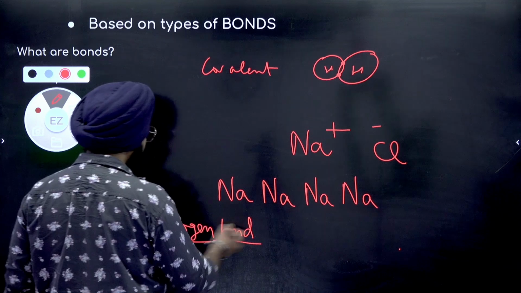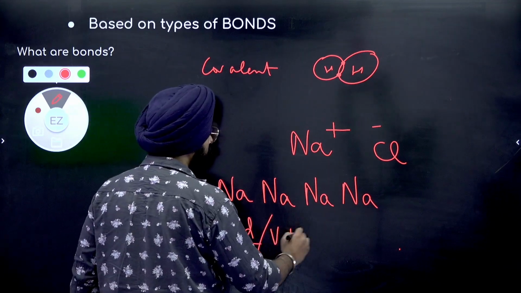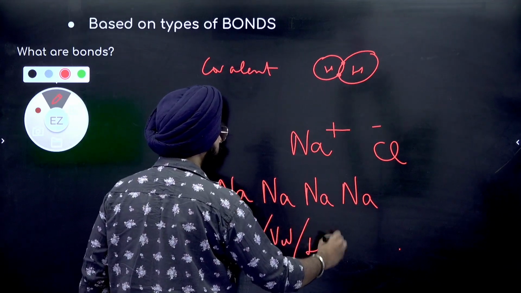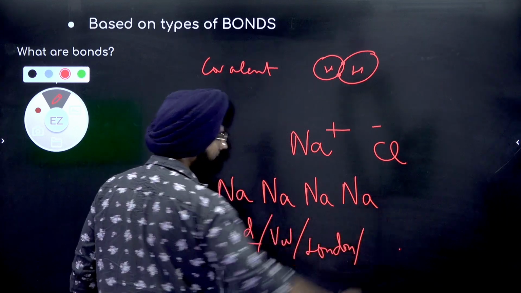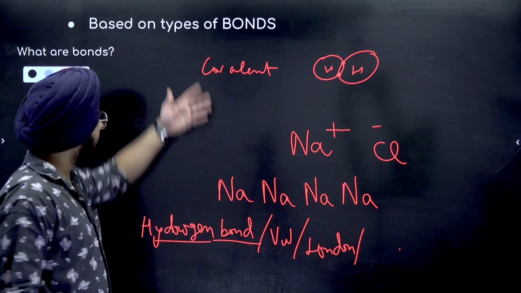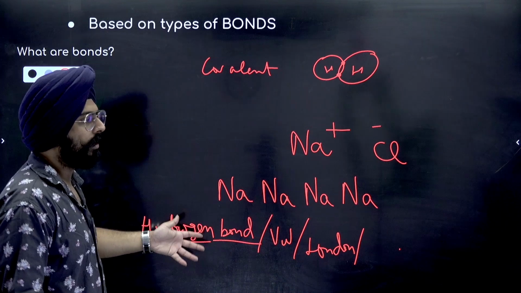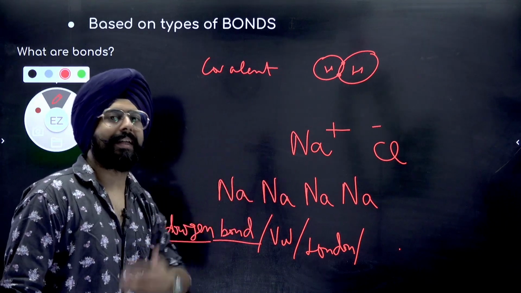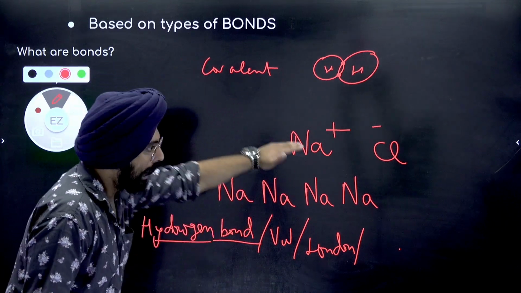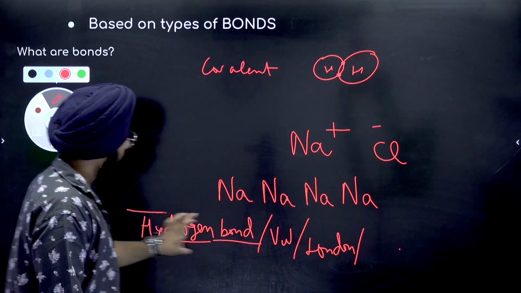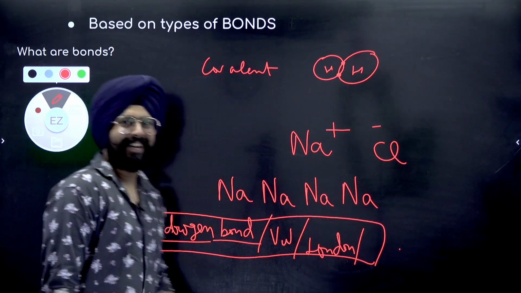Okay. So you have hydrogen bond or van der Waals forces or London dispersion forces or dipole-dipole interactions, etc., etc. So we've basically come up with 4 different types of bonds or attractive interactions: covalent, ionic, metallic, and others. Okay.